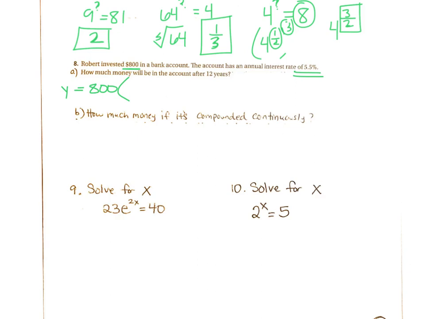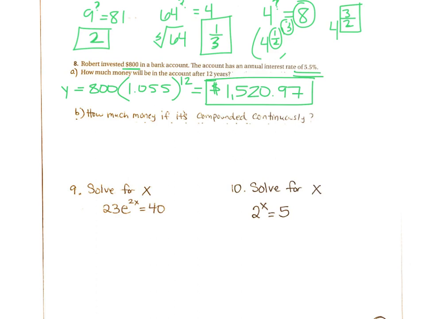We want 105.5%. We don't want 5.5%, or our number's going down. So 1.055 is the number we're going to plug in there. And then after 12 years, so we're going to put it to the 12th power. And when you plug that into your calculator, you get $1,520.97.